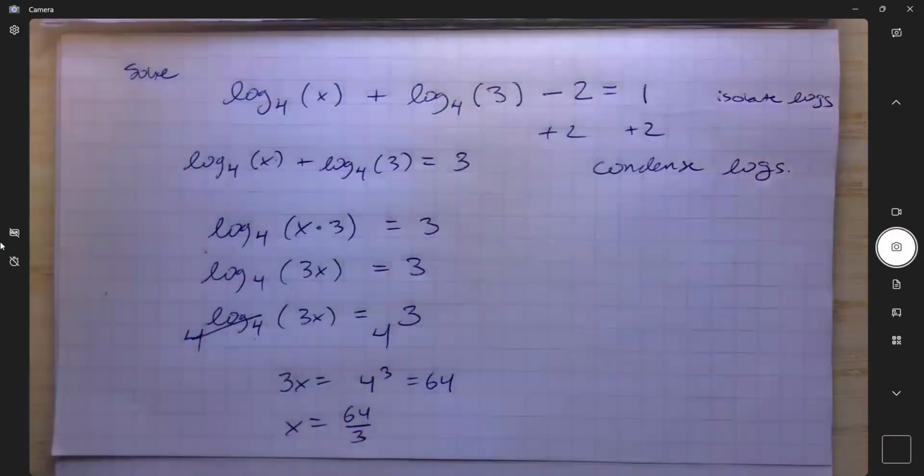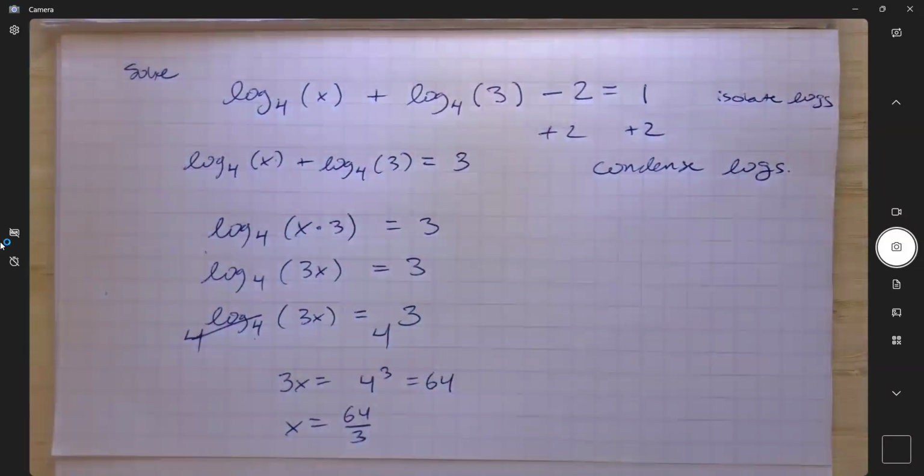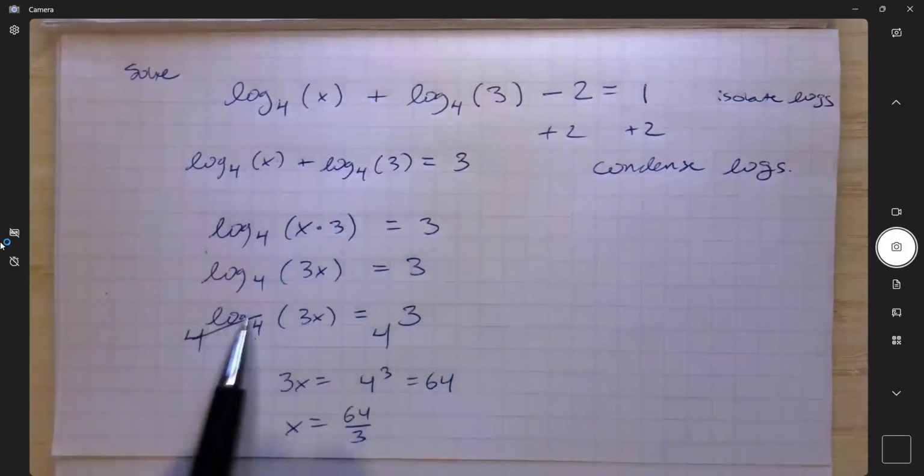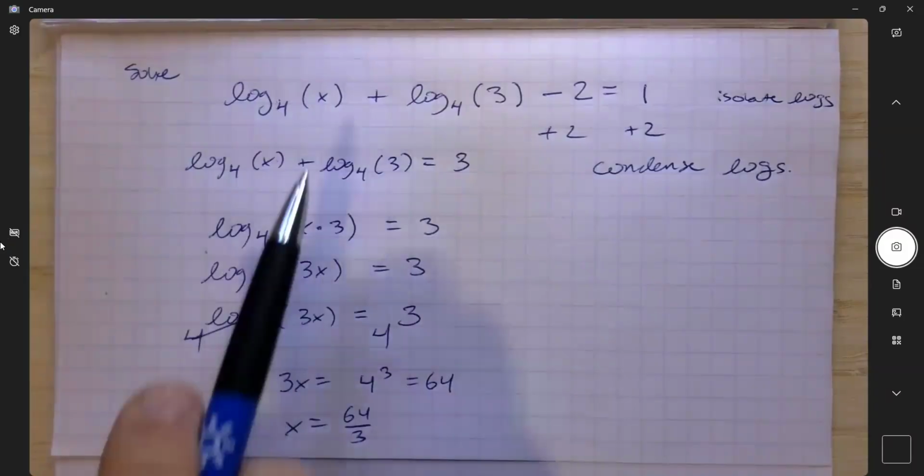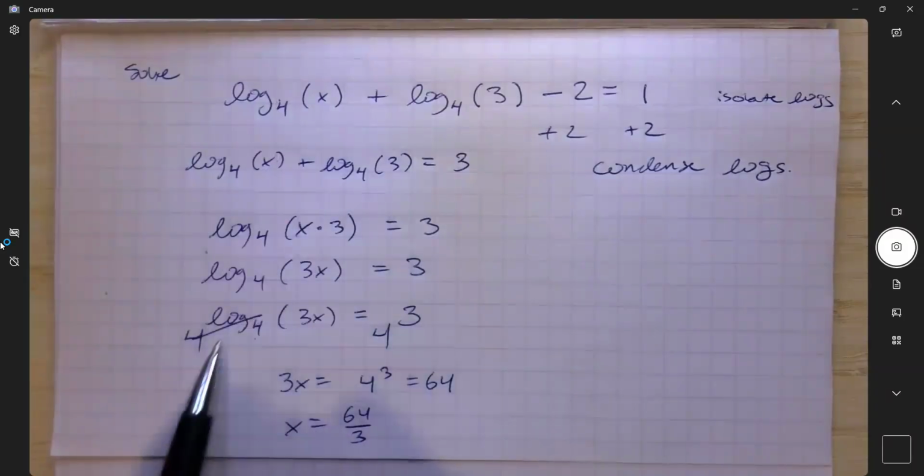And that's how you solve logarithms. Both of these work specifically because logarithms and exponentials are inverse functions. So you can always unwrap a log with an exponential, just like you can unwrap an exponential with a log. All right. Thanks for watching.